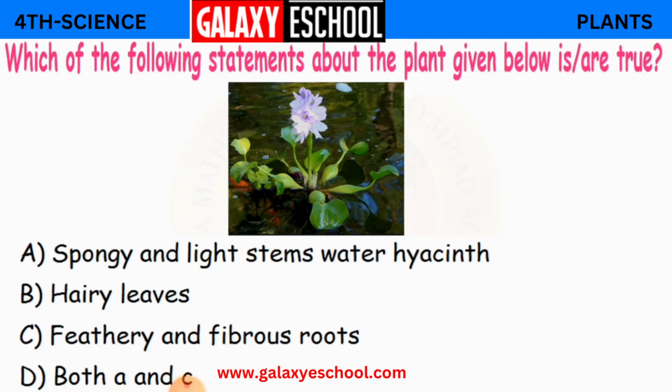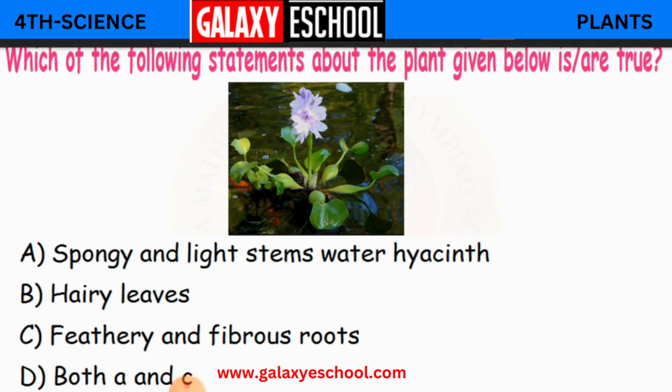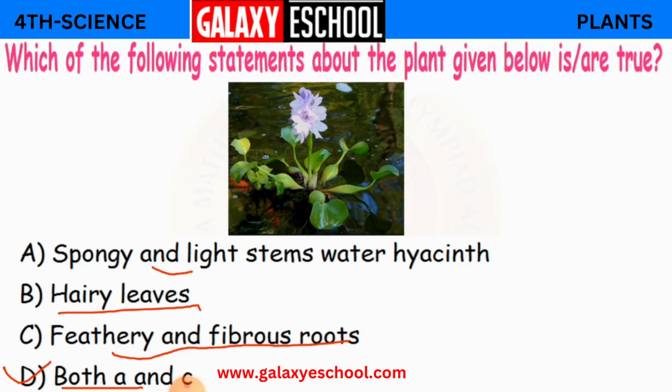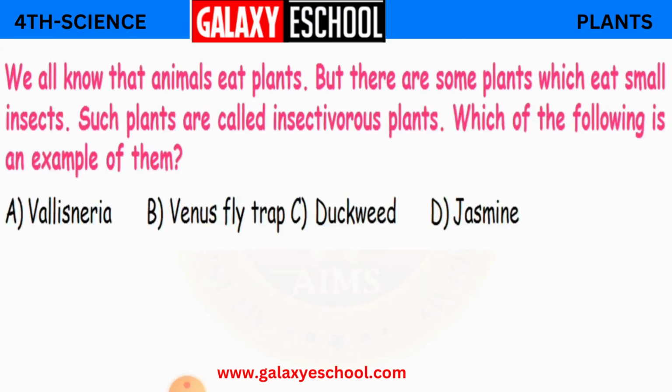A is spongy and light stems, water hyacinth, B is hairy leaves, C is feathery and fibrous roots, and D is both A and C. The answer is both A and C, that is D option. It has spongy and light stems, water hyacinth, and feathery and fibrous roots. Okay, children, clear? Now the next question.